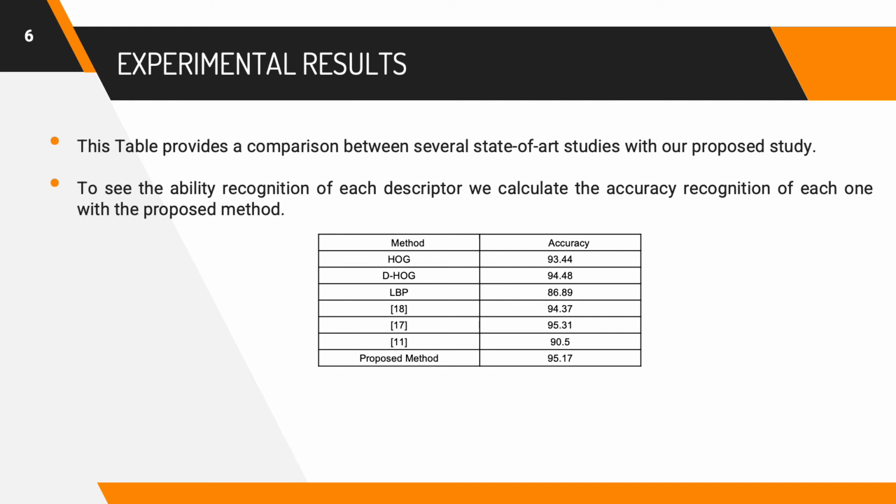If we look at the table for HOG, diagonal HOG, and LBP, we have obtained the highest accuracy with diagonal HOG. But when we compare with the previous works, reference number 18 obtained 94.37, number 17 obtained 95.31, and number 11 obtained 19.5.